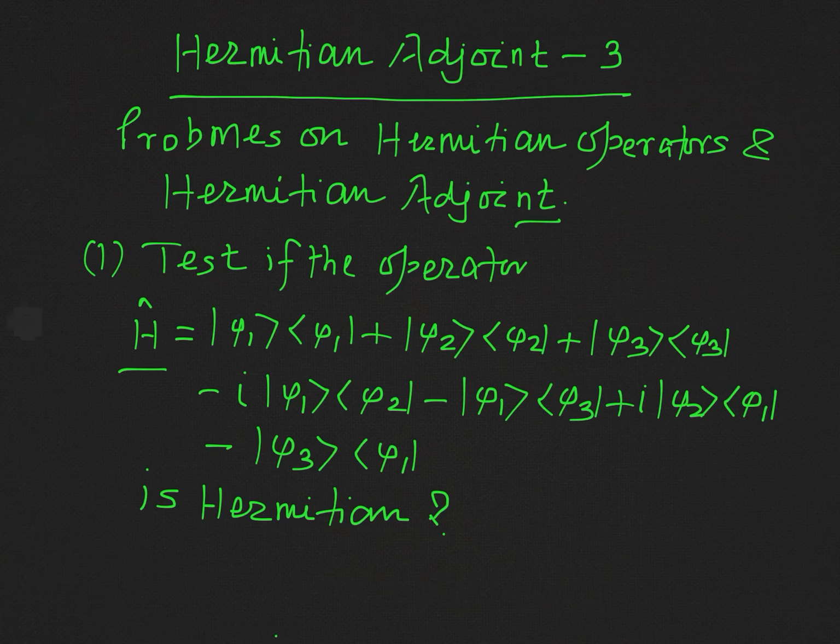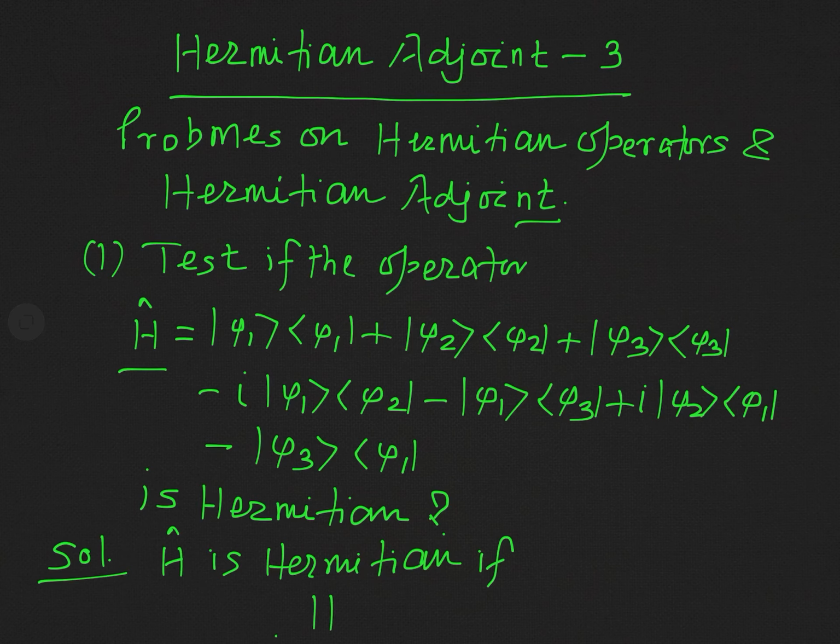So we can say that H hat is Hermitian. We know Hermitian operators are self-adjoint, so H hat is Hermitian if the Hermitian adjoint H hat dagger is equal to H hat.